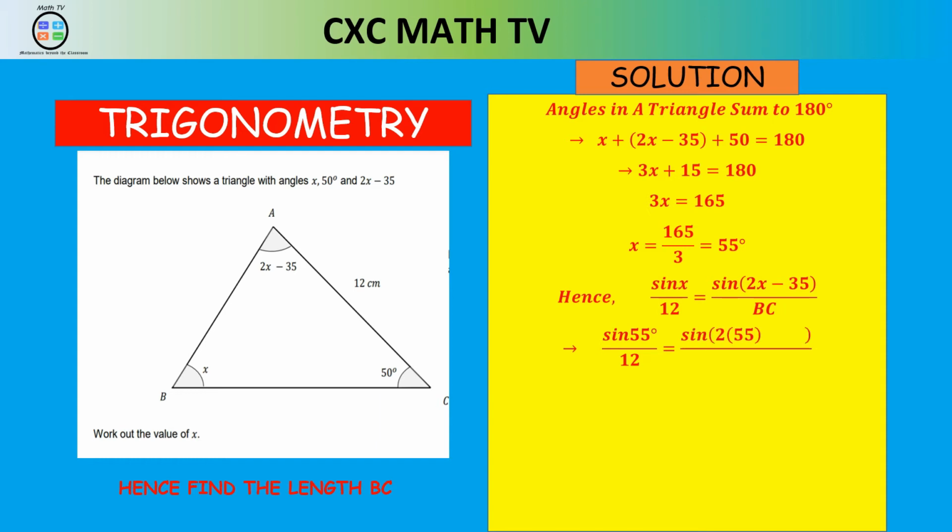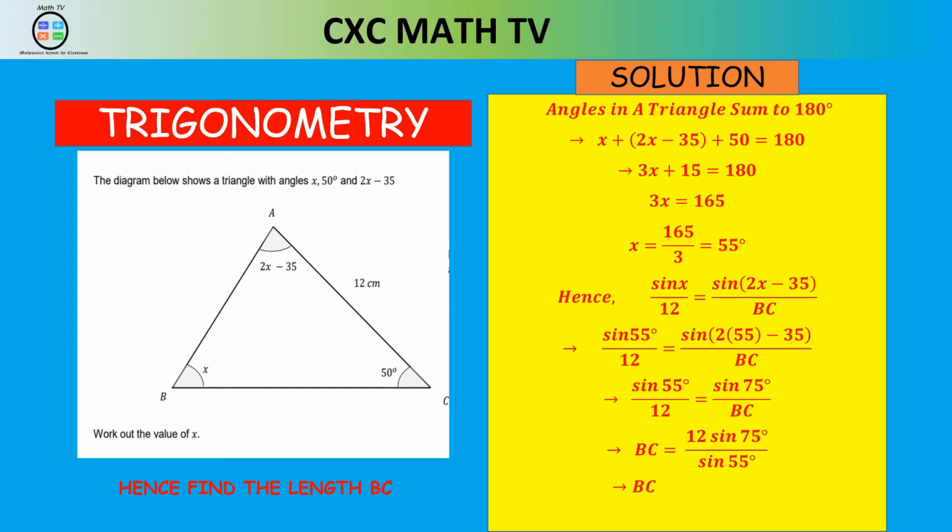But what was x? x was 55 degrees. So we substitute x as 55 to get the sine of 55 degrees divided by 12 is equal to the sine of 2 times 55 minus 35 divided by BC. Now, 2 times 55 minus 35 works out to be 75. So sine 55 over 12 is equal to the sine of 75 over BC.